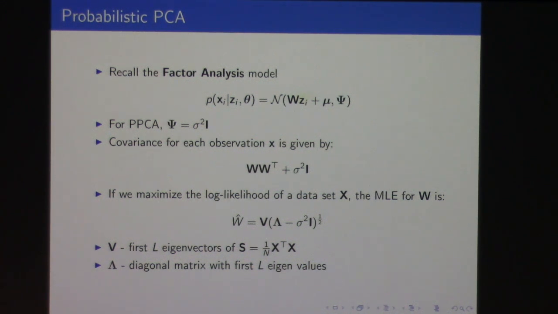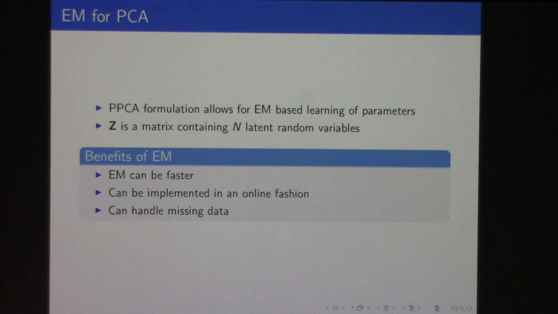For factor analysis, the way you learn all of its parameters is by doing EM, right? The same way you can do EM to get a solution for PCA. So now you have 2 different ways to do PCA. One is probabilistic, and one is more of a matrix decomposition type style approach. All right?